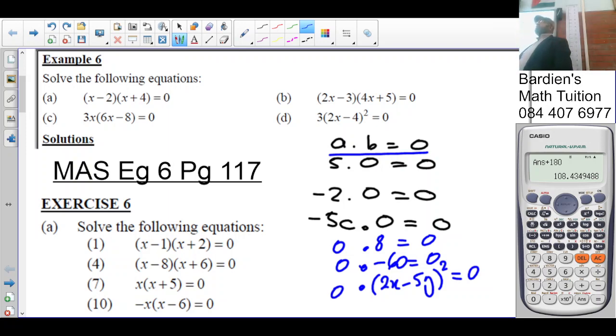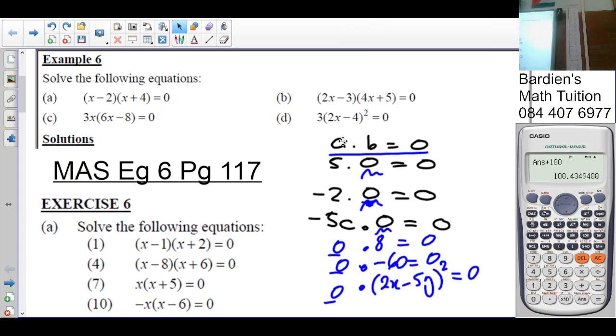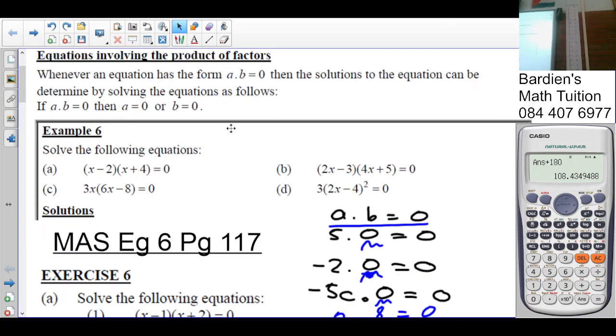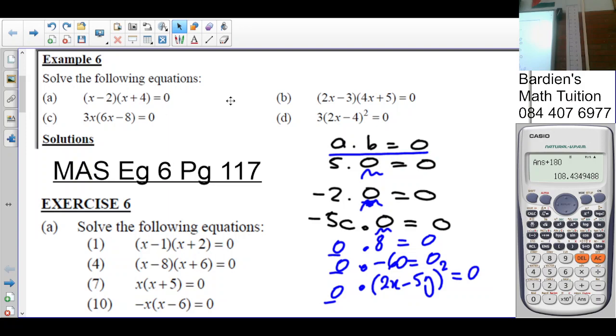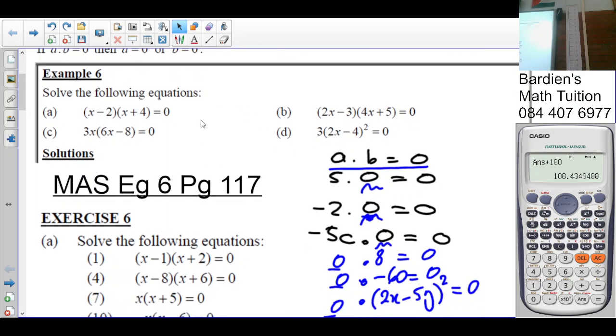So from here we can see that either a has to be equal to 0 or b has to be equal to 0 to give you an answer of 0. That is why they say here that in the form a times b is equal to 0, it's either a is equal to 0 or b is equal to 0. Okay, you guys understand? Yes.